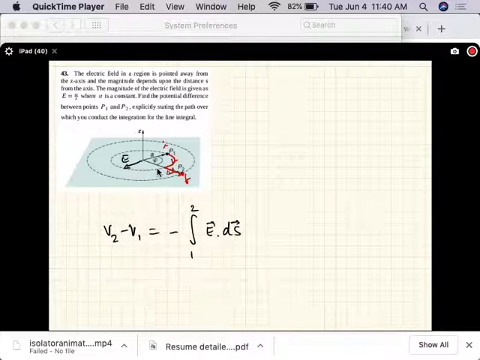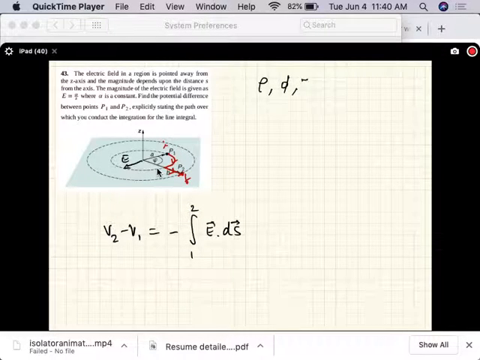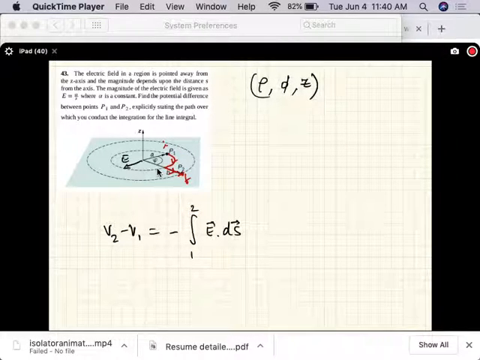All right, so are you guys familiar with cylindrical coordinates? Cylindrical coordinates are rho, phi, z. So here are the cylindrical coordinates, x, y, z.